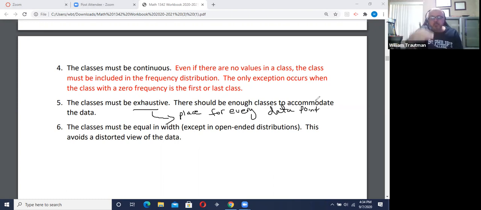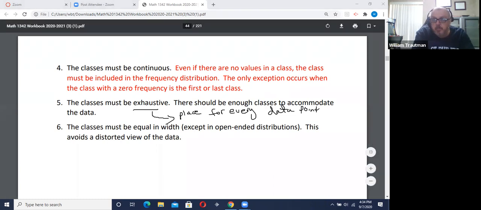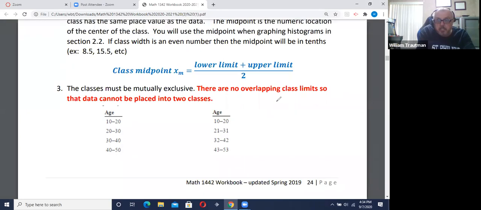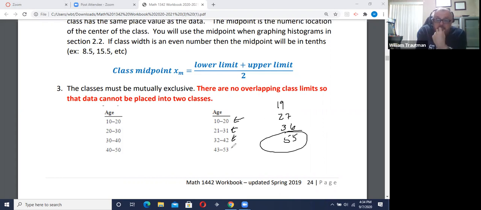So if you have those class limits, let me just show you up here. If we have these class limits right here, let's say our data was 19, 27, 36, 55. 19 fits into here, 27 fits into here, 36 fits into here. 55 does not fit, it must be exhaustive.